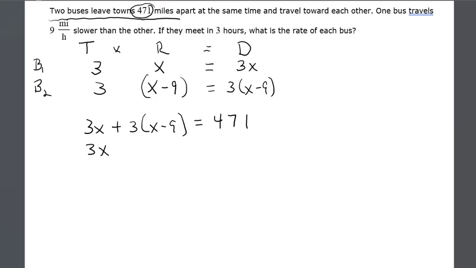So we'll go ahead and solve by first using the distributive property. Positive 3 times x is positive 3x. Positive 3 times negative 9 is negative 27. We're going to combine like terms, so 3x and 3x gives us 6x.